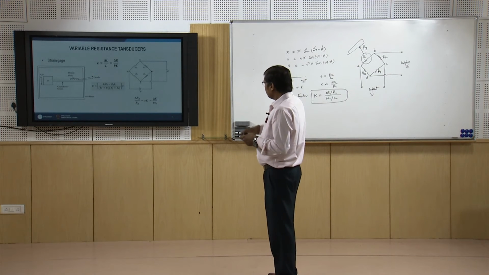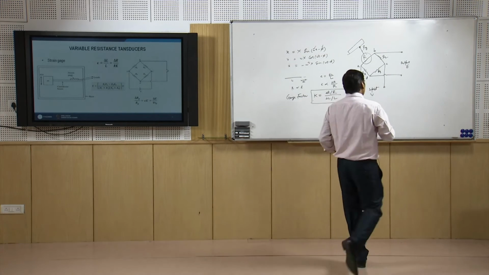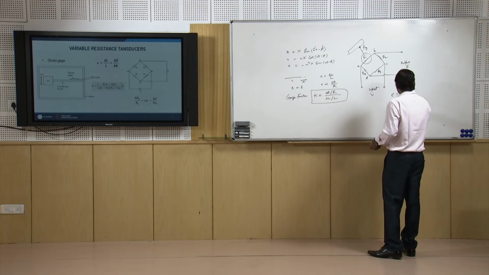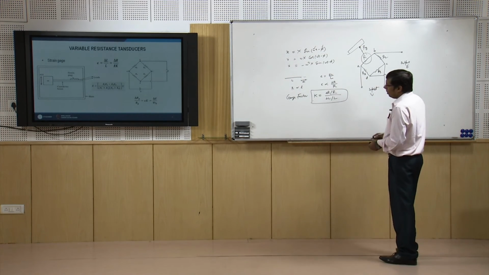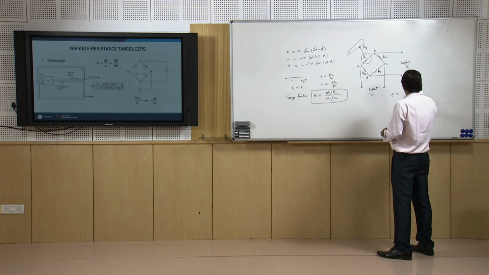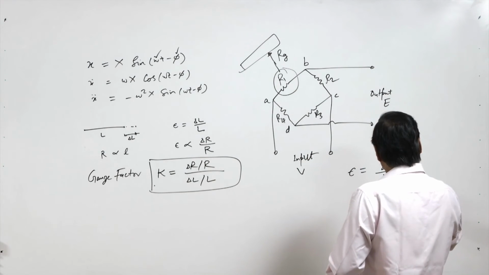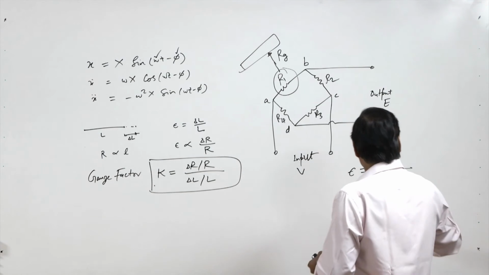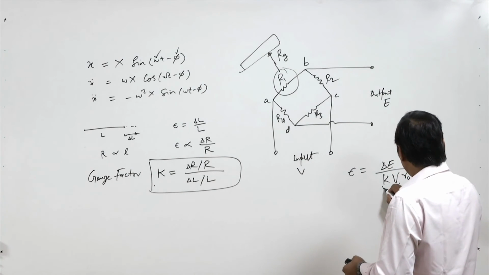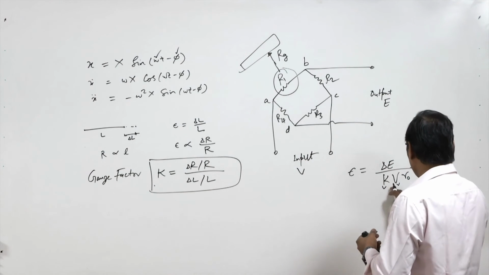So here we can see the final formula: epsilon equals K delta E by K V R0. Here we know the gauge factor, because the gauge factor is given for the strain gauge.